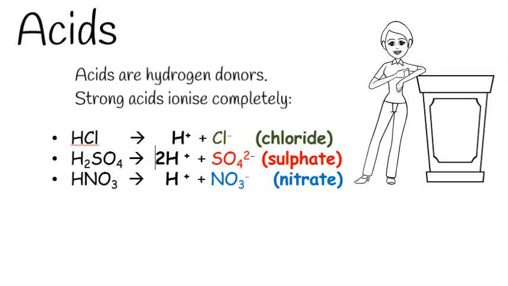Sulfuric acid ionizes into a hydrogen ion and a sulfate ion, and nitric acid ionizes into a hydrogen ion and a nitrate ion. We see that separate hydrogen ion each time, characteristic of a strong acid.